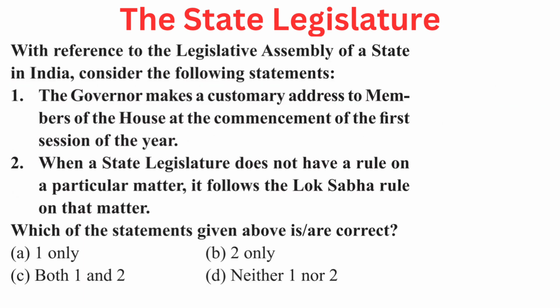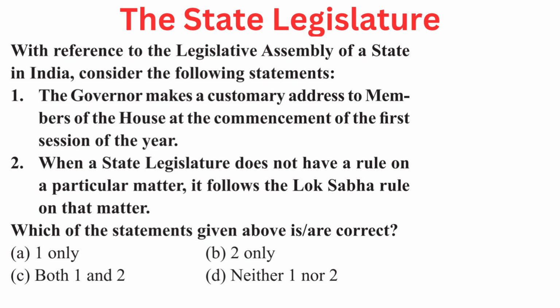Your question is, with reference to the Legislative Assembly of a state in India, consider the following statements. 1. The governor makes a customary address to members of the House at the commencement of the first session of the year. 2. When a state legislature does not have a rule on a particular matter, it follows the Lok Sabha rule on that matter. Which of the following statements given above is or are correct?